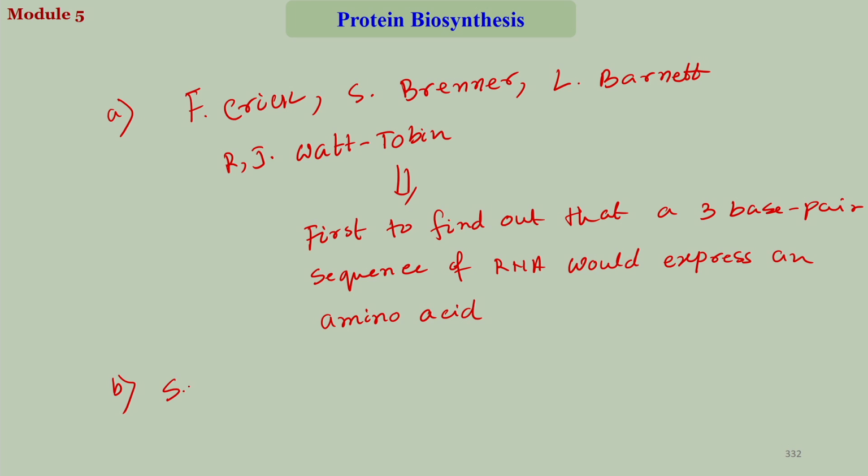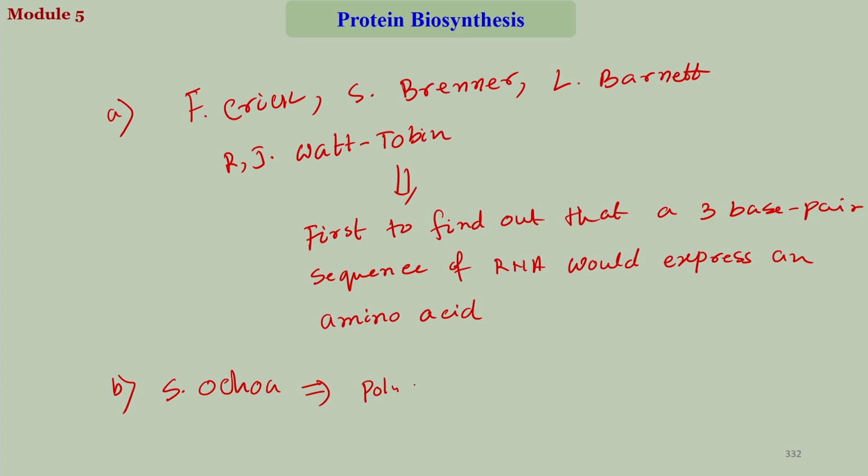The second was by S. Okawa, who found out, in a kind of similar experiment, that if you have a polyadenine sequence of RNA, which means basically 5 prime to 3 prime A, A, A and so on.